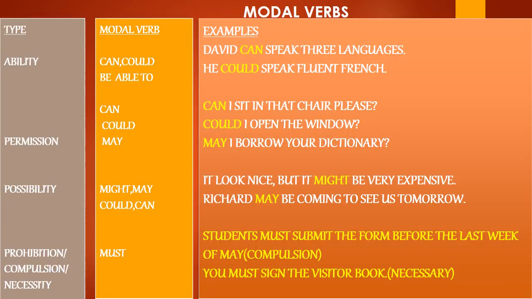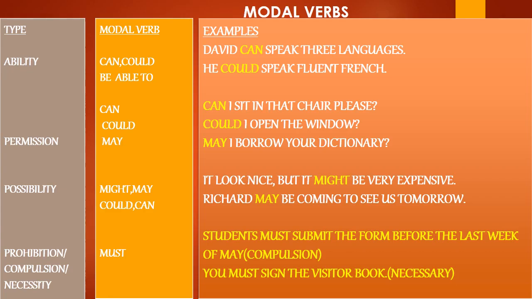So in this lecture today we have done these modal verbs. Here is a table. See, type, modal verb, and then examples. First of all, ability. In ability we have done can, could, be able to.